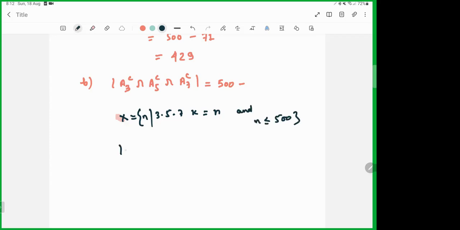So what is the cardinality of X? You have to compute the cardinality of X complement, right? So what is this? Suppose only 4 numbers. So you are saying the cardinality of X is only 4?